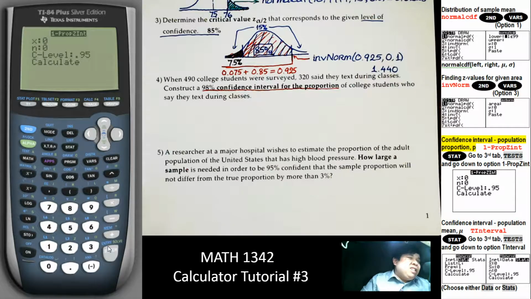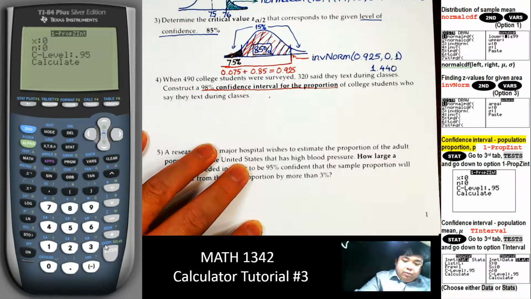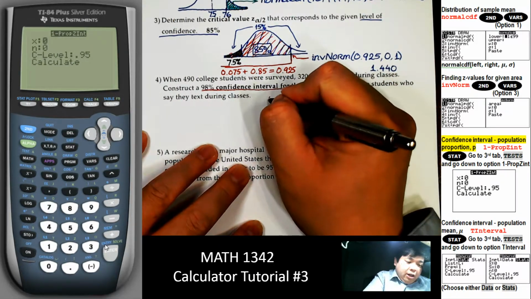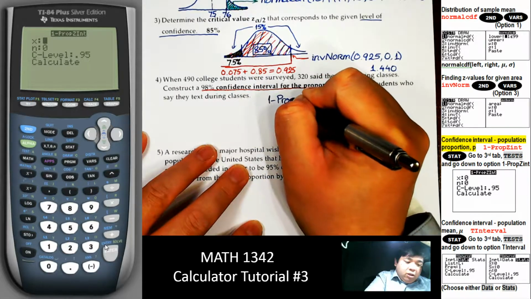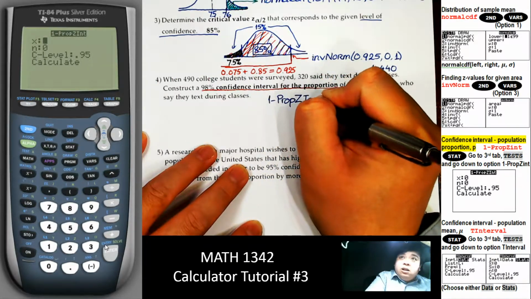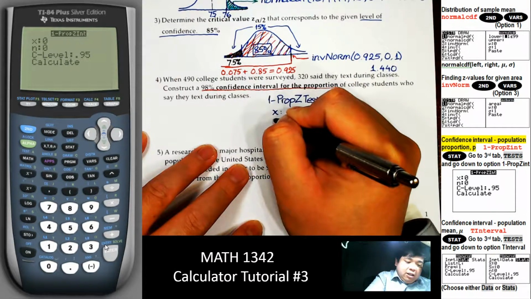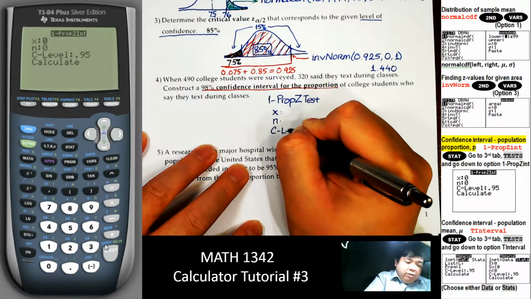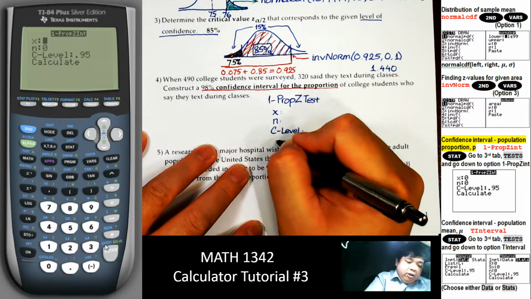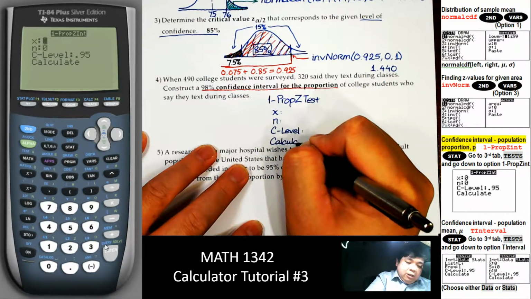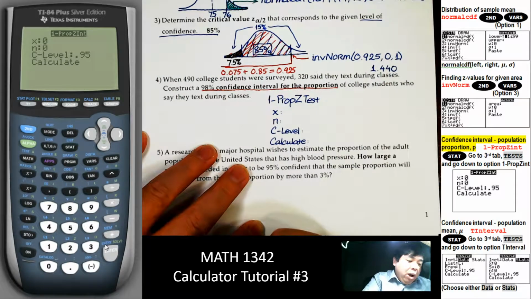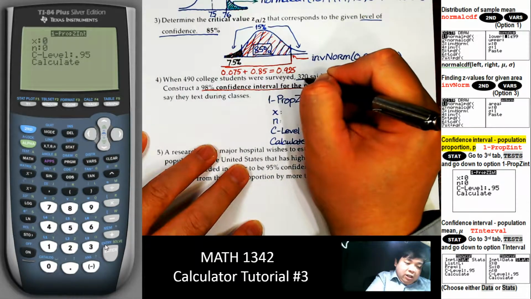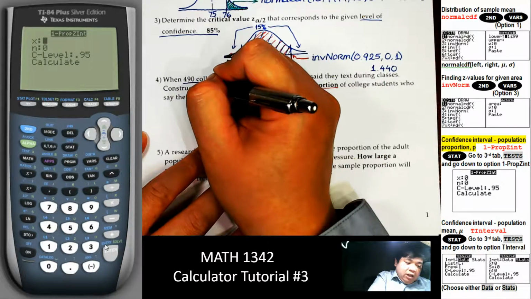This one, the calculator TI-83 or TI-84 is the same, so I'm just going to do 1 here. So we're going to have that. For 1 proportion Z interval, we have to have X and the confidence level, and then we can calculate. Right, so now we go back to the problem. We have 320 out of 490.